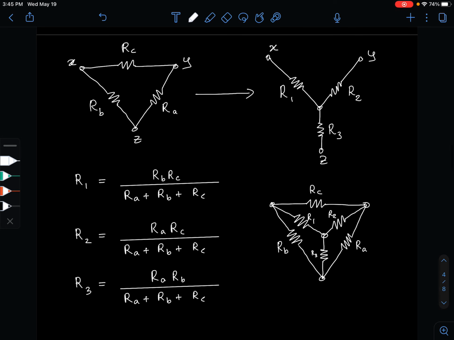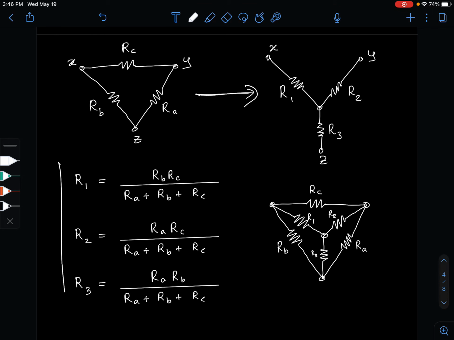These circuit equations are used when you try to simplify or transform a delta subcircuit or circuit into a Y circuit. And when you go from delta to Y, you can apply these three resistor equations, similar to the series and parallel equations, but you simplify them as labeled. And you have to keep note of how you label the circuits.